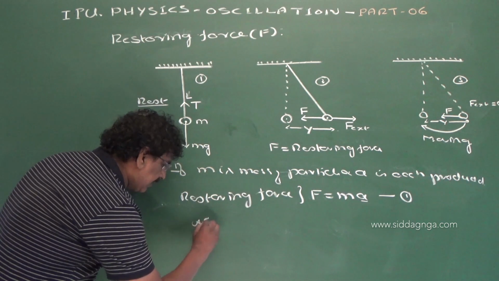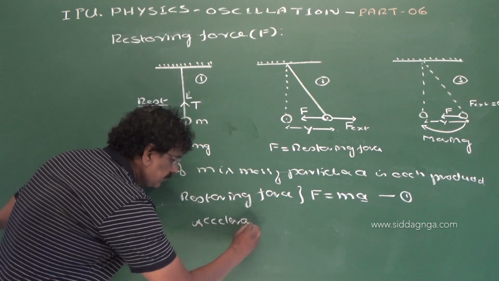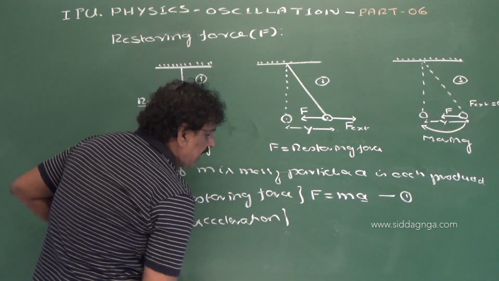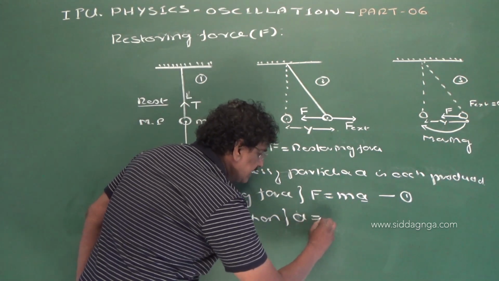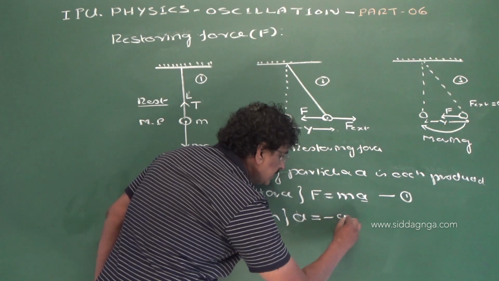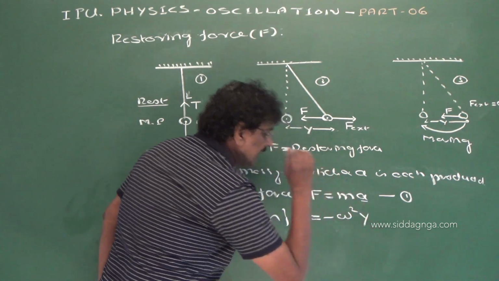Now this is ma, where a is acceleration. Since the particle is executing simple harmonic motion under the action of restoring force, the acceleration of simple harmonic motion is a equal to minus omega square y.